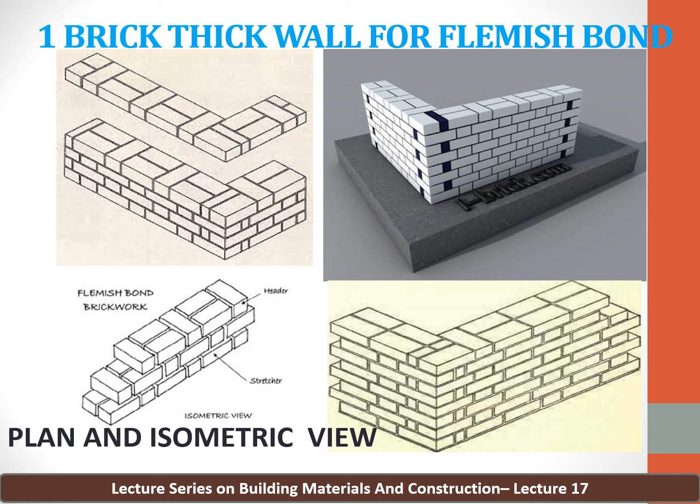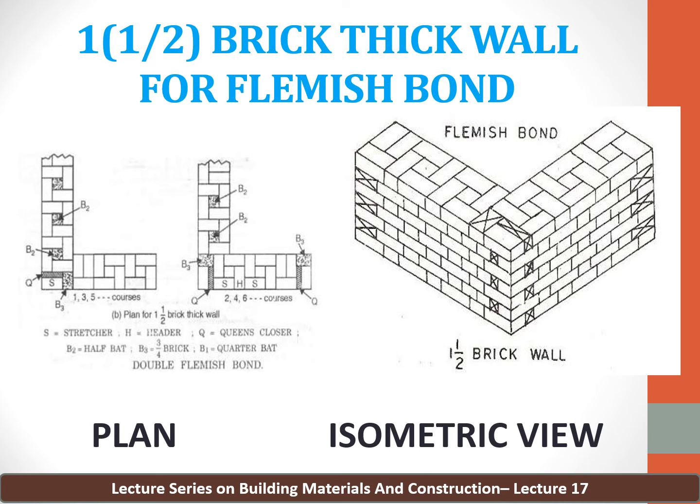So here this is the one brick thick wall for the Flemish bond. The plan as well as the isometric view is shown here. This is the 1.5 brick thick wall for the Flemish bond. Both the plan as well as the isometric view is shown here.